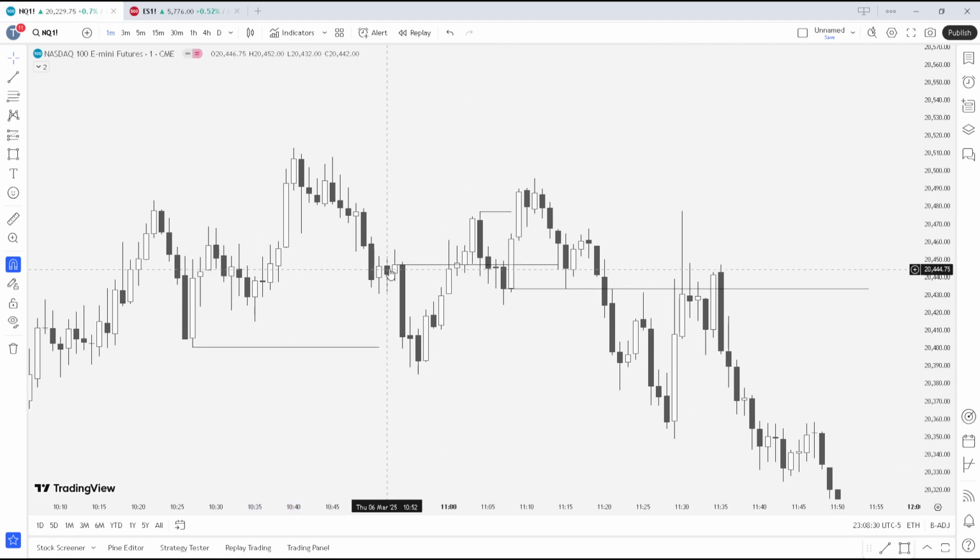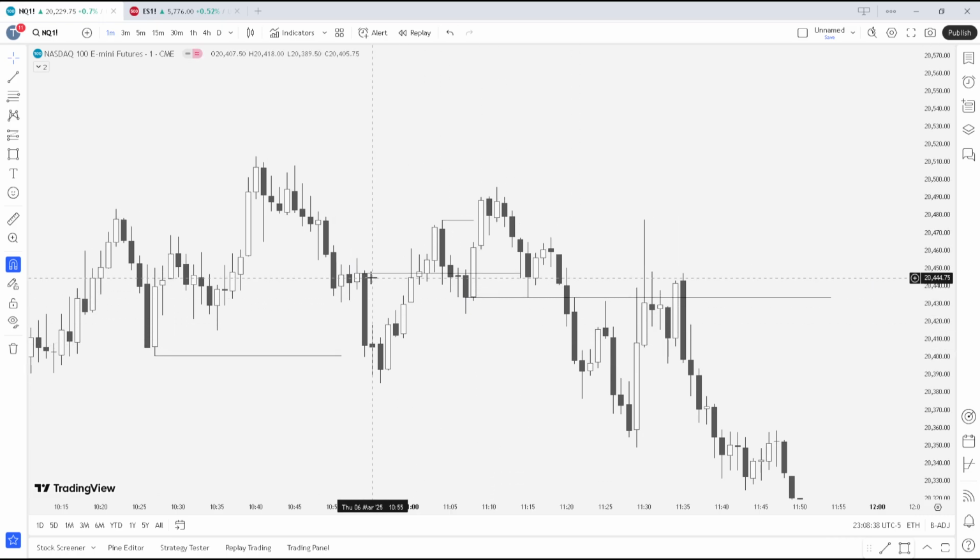Then I want to see a reaction off of this close level. So right here, this 2447 level, instead of using this entire thing as the breaker. But that's something that you can experiment with, right? Maybe you might find it more comfortable to use the entire body or the entire candle rather than just looking for a reaction off of the close of the breaker.